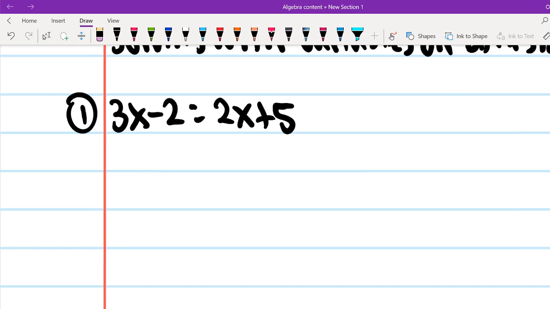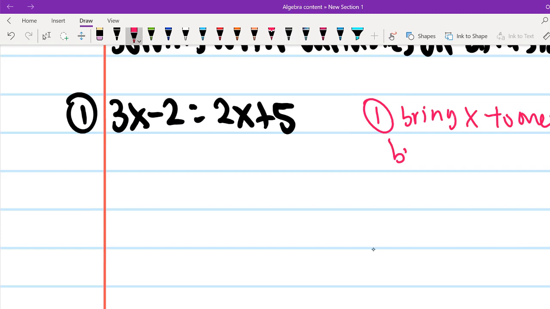So what you would do first is, number 1, bring x to one side by addition or subtraction. So for this one, we would say minus 2x.